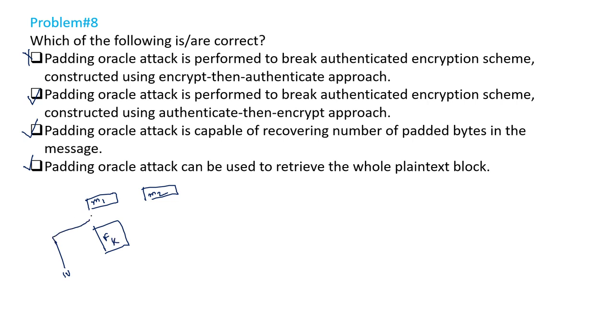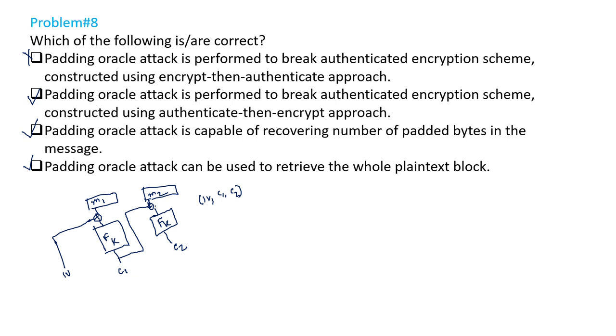So first this IV is XORed with your message M1, and the output is C1, and then it gets XORed with M2, passes through FK, produces C2. So IV, C1, C2 is your ciphertext for message M1, M2.